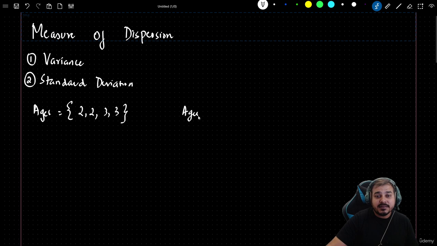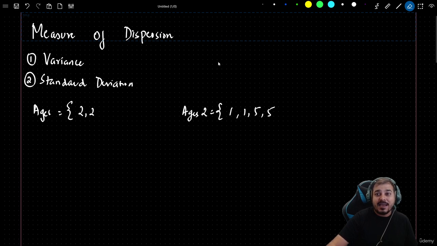Let's consider that this is the ages 2 list, and here I have 1, 1, 5, 5. Let me just make this as 4, 4. I'll tell you why I'm specifically making 4, 4. There's a specific reason behind it. So 4, 4, and here it is 1, 1, 5, 5.